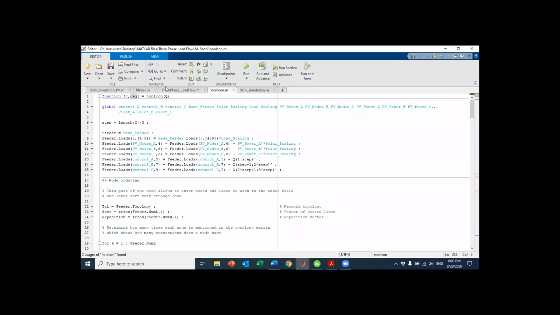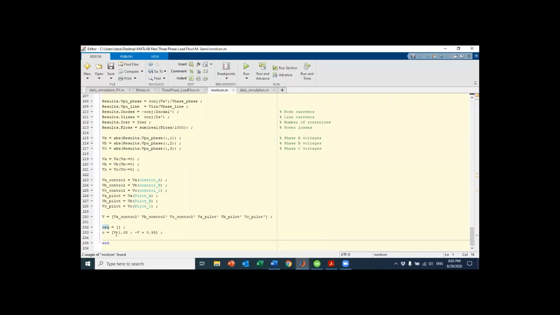You can see that we return the voltages minus 1.05 and minus V plus 0.95. Basically, this means that V has to be less than or equal to 1.05, and V has to be higher than or equal to 0.95.